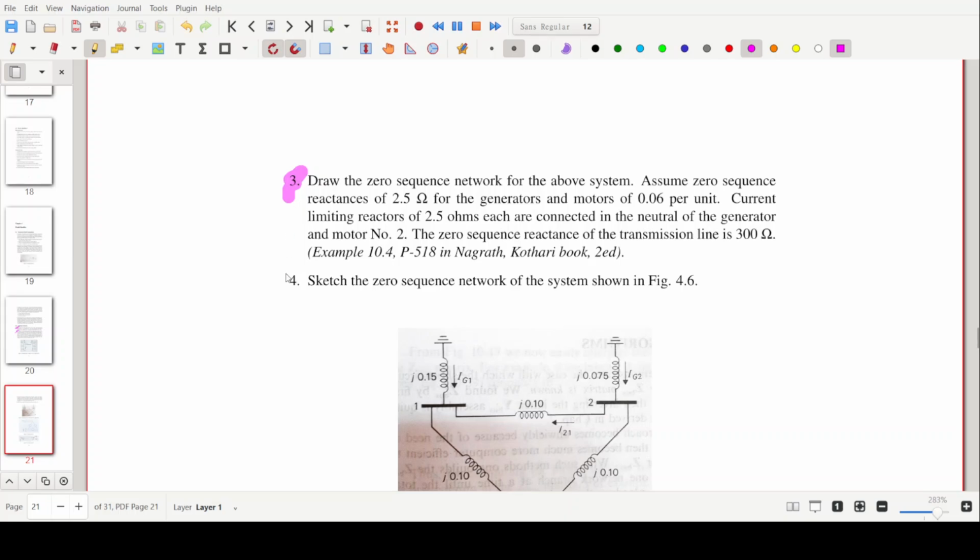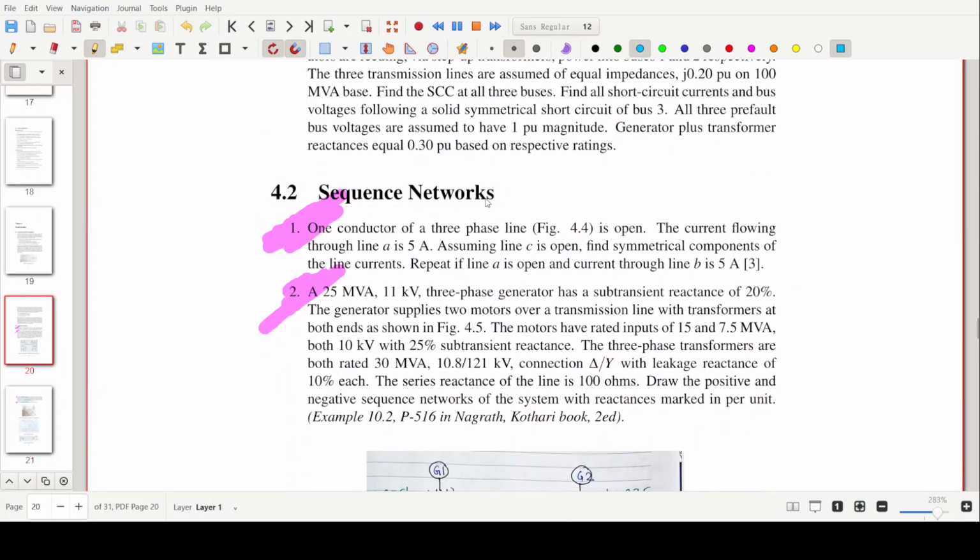What is the problem asking? Draw the zero sequence network. And here it is asking to draw the positive, negative and zero sequence networks for the system. All these solutions I have given you in the PPT, so you are suggested to practice all these problems. Next class we will use these sequence networks and see how they can be used for unsymmetrical fault computation.